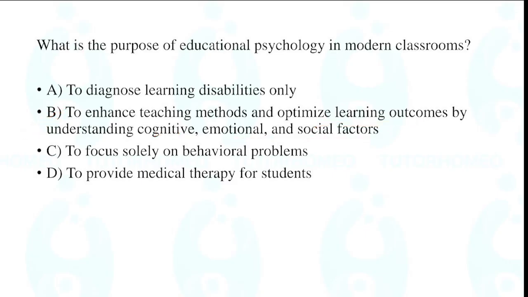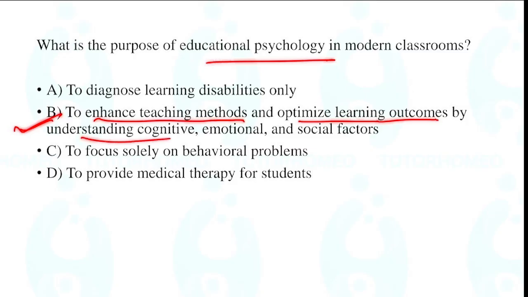If we do not understand what the child is going through, it is going to be difficult for any teacher to make it student centric, and we will not be able to get their attention. So we have educational psychology to enhance the teaching method and optimize the learning outcomes by understanding cognitive, emotional and societal factors.